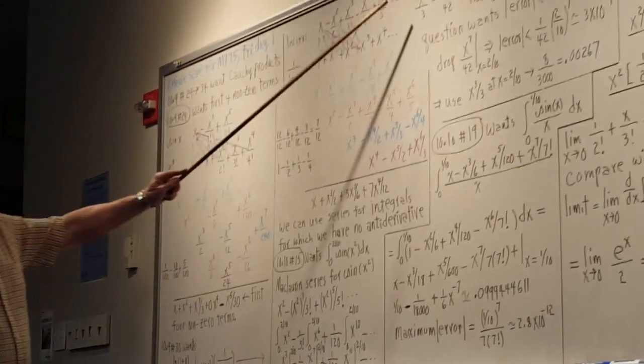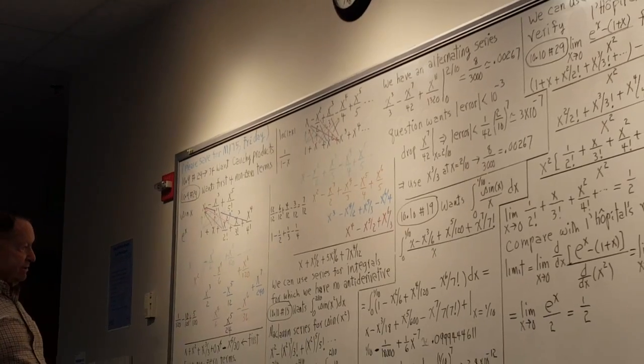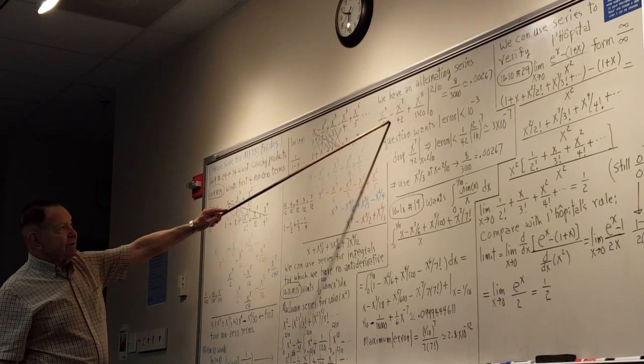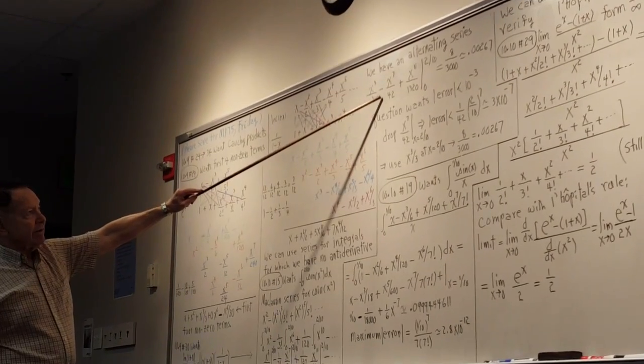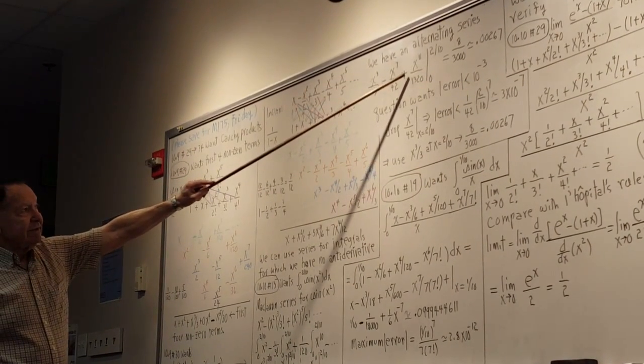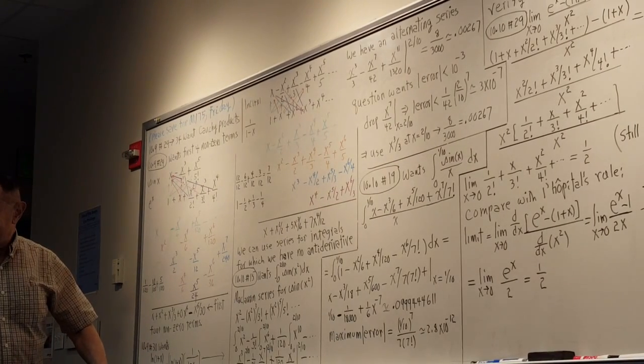So what you get here is an alternating series, so you know it converges, and your error is less than the size of the first term to drop as an alternating series.